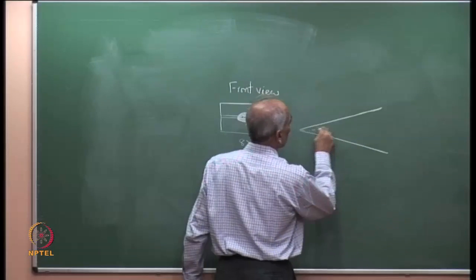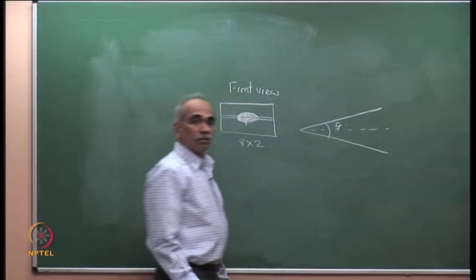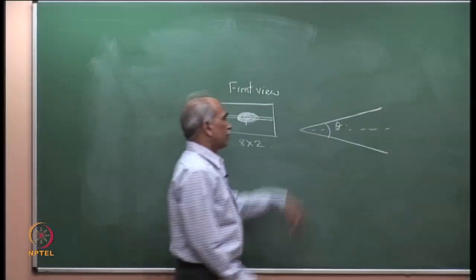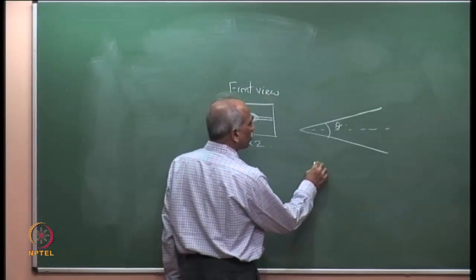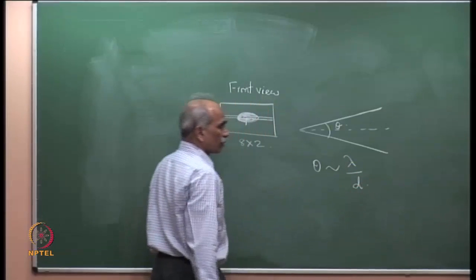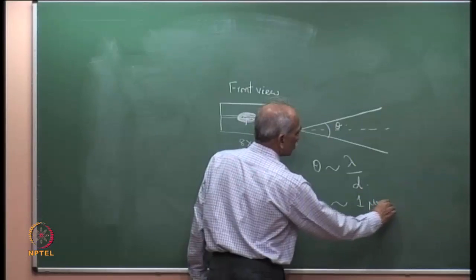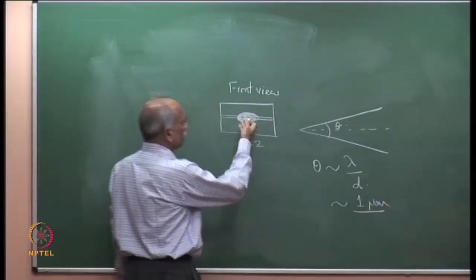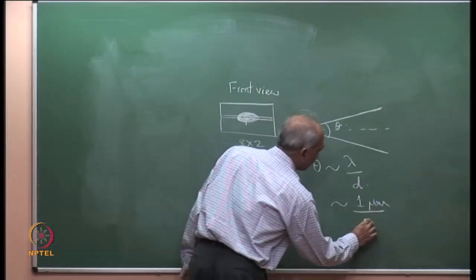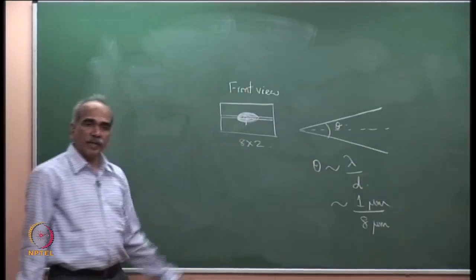What is shown is theta, the angle of divergence. The angle of divergence theta is approximately given by lambda by d, and lambda, if you take 1 micron, divided by d. In this direction it is 8 micron. So, that is theta in radians.